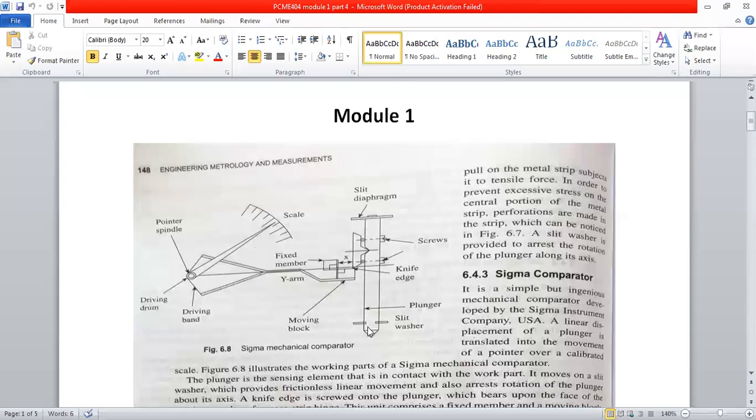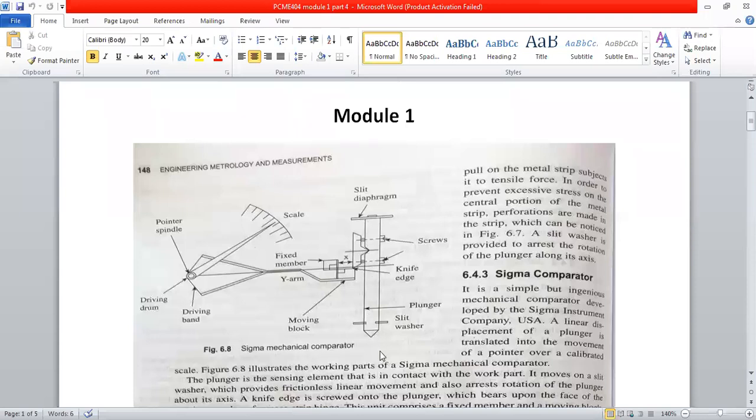Piston and plunger are also movable. So when we move the piston and plunger, the moving block will be displaced. Mechanically, when we move the piston or plunger with the help of this adjusting screw, the moving block will move, because there is a contact point between the moving block and the plunger.